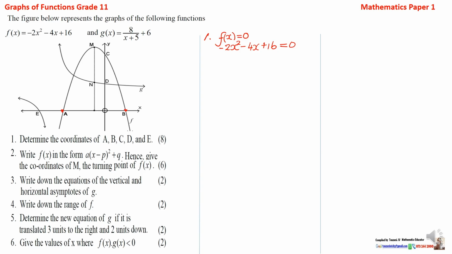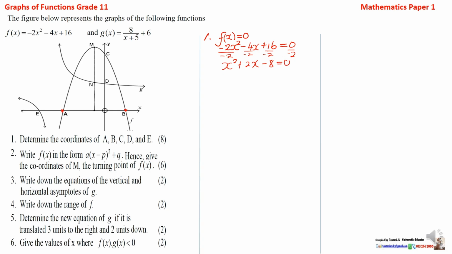So there is my equation. I can see that the negative 2 is a common factor of the entire equation. So that allows me to divide the equation by negative 2, and this will lead me to x² + 2x - 8 = 0.